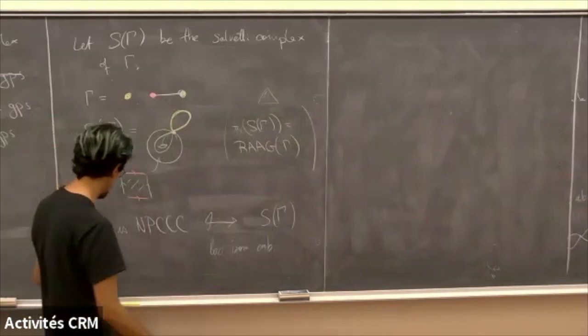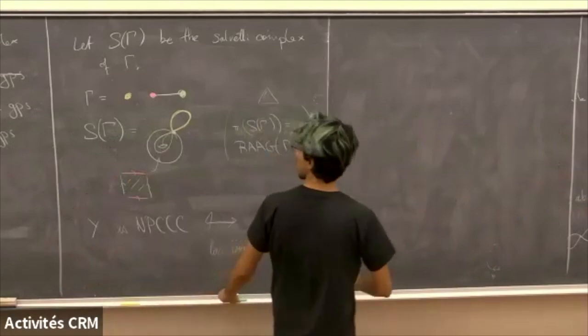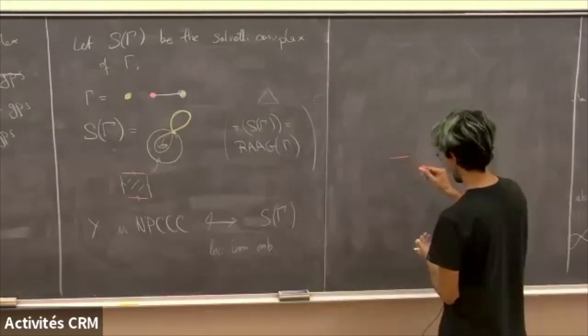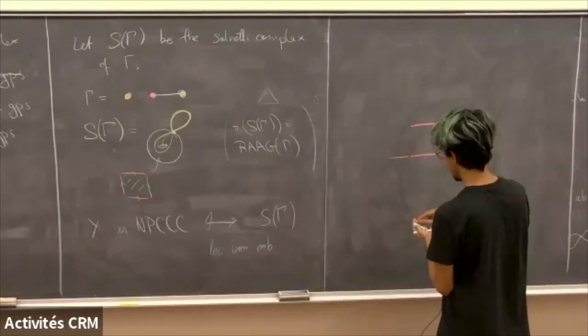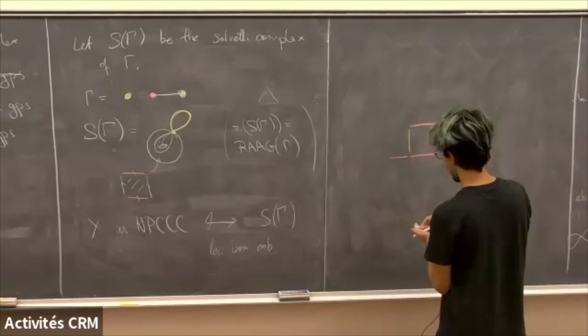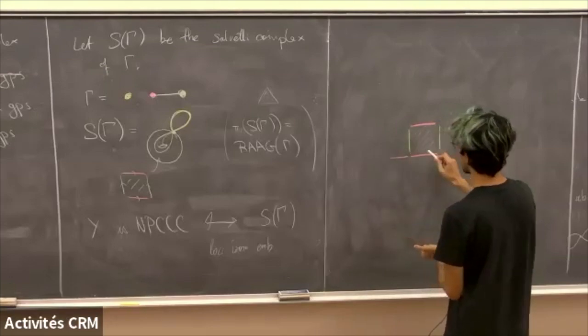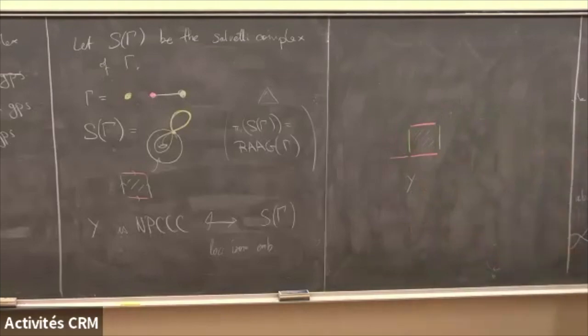Yeah, so for instance, you take the following graph. The following non-positively curved complex, maybe this is my Y. Is this map into here a local isometric embedding? Not too much forward.